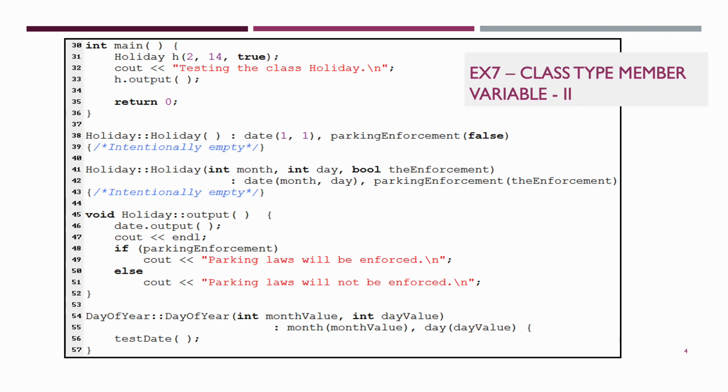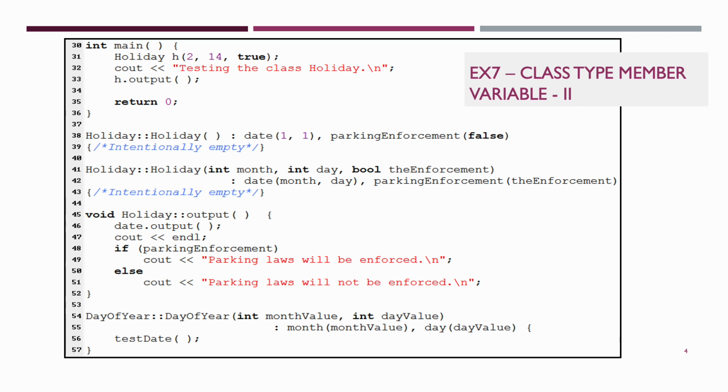Okay, now let's see the main function here. The program starts with the main function, where we create an instance of the holiday class, holiday age with 2, 14, true. This line initializes a holiday on February 14, like Valentine's Day, with parking enforcement set to true.